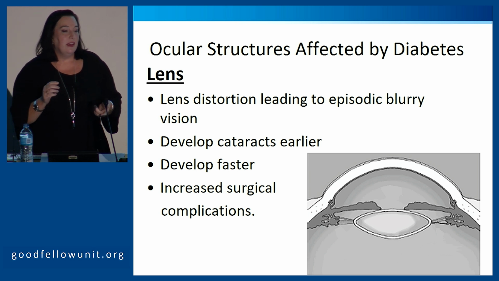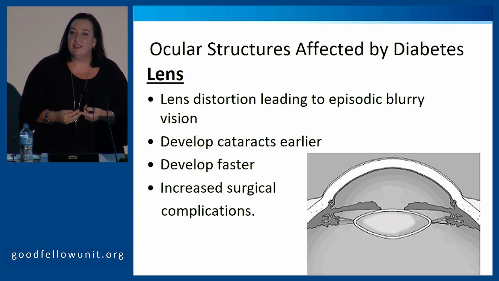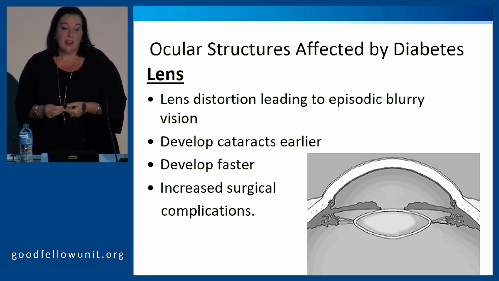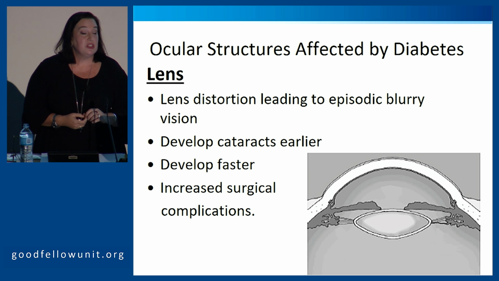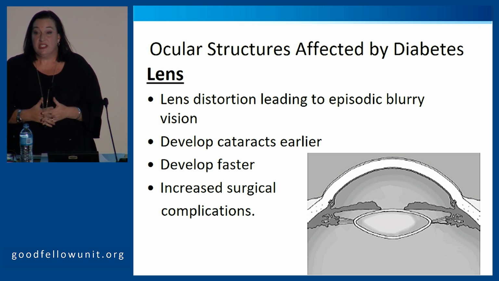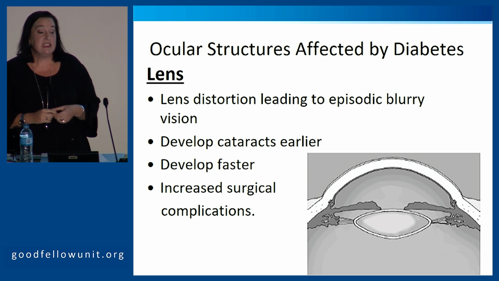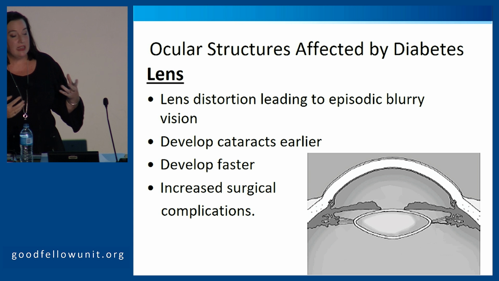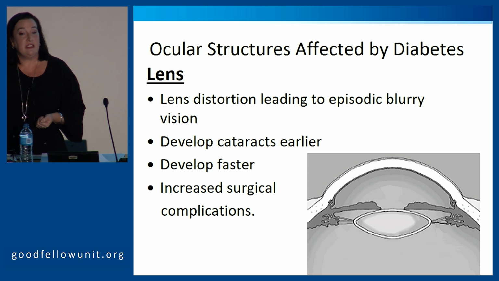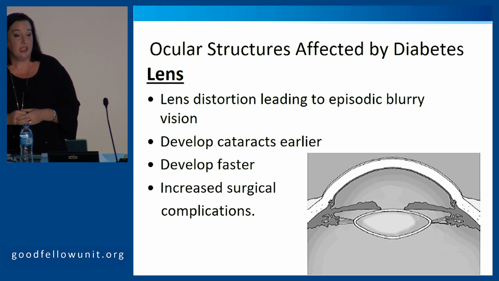Patients with diabetes develop cataracts earlier and they develop cataracts faster. And poorly controlled blood sugars lead to surgical complications once we do remove the cataracts. Now, one of the failings of public health services in cataract surgery is that once the surgery is complete, the patient is discharged back to primary care.